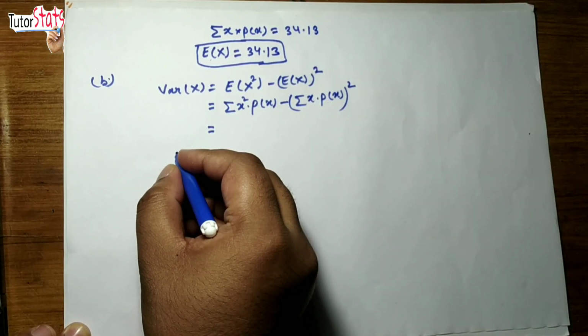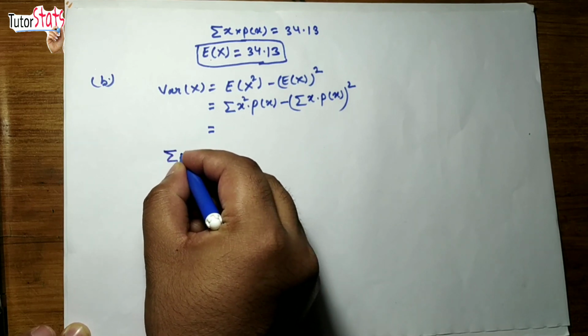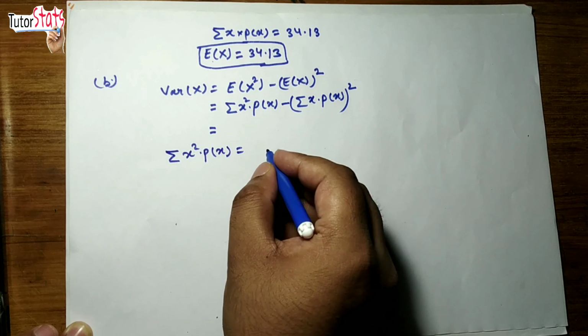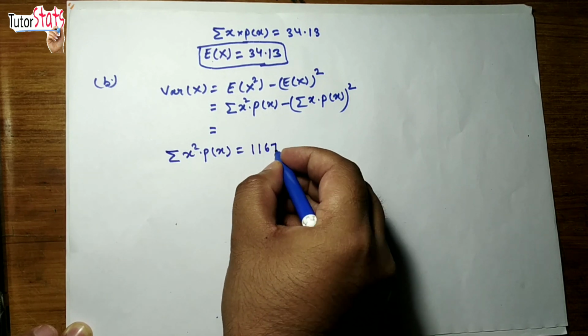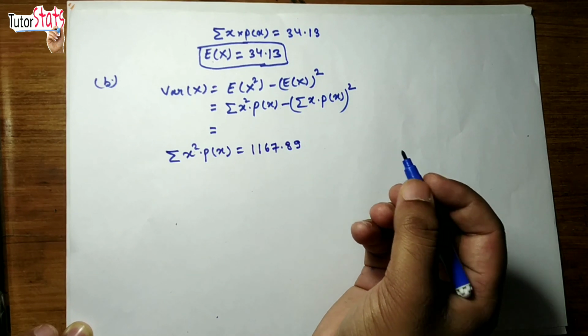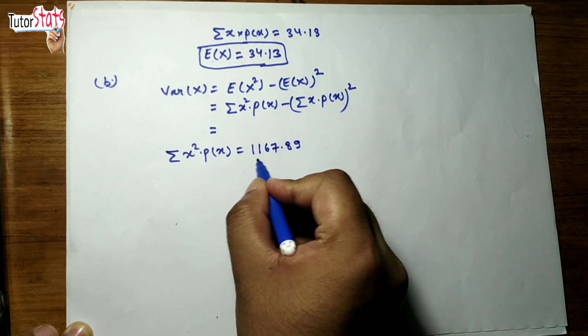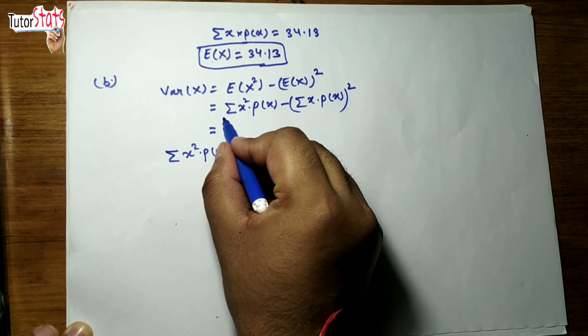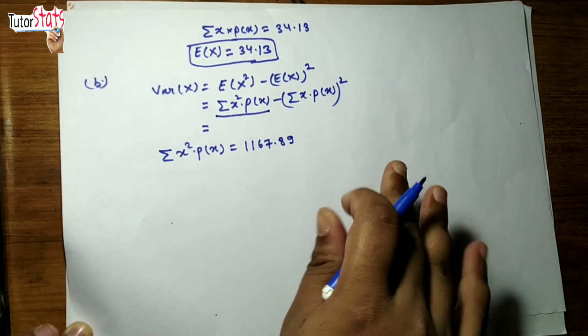From Excel we are getting summation of x square into p of x is equal to 1167.89. Now we will substitute this value in place of this expression.